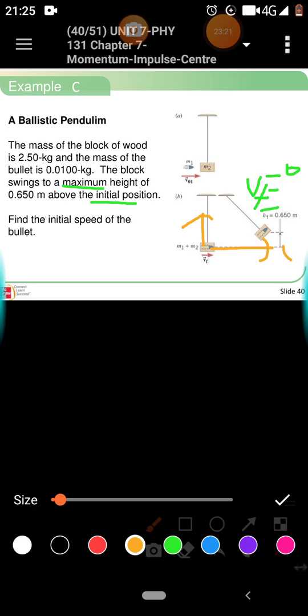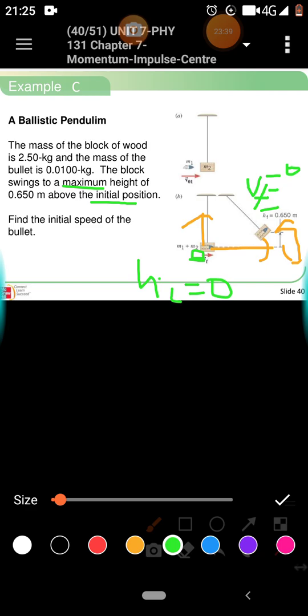So that's why the height is the height we consider. So you can tell that the initial height, when the bullet is here, is 0 because we are using this position as a reference point. So this would be the 0 of the analysis of the coordinate.